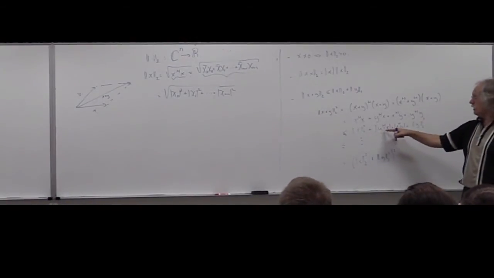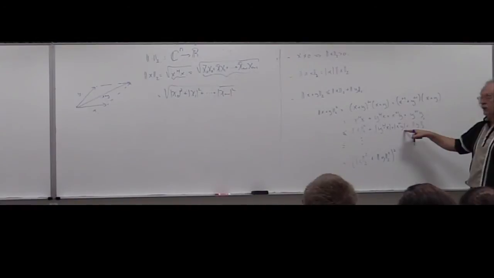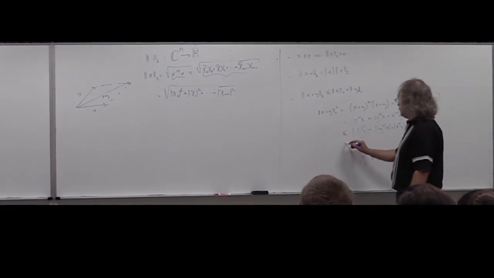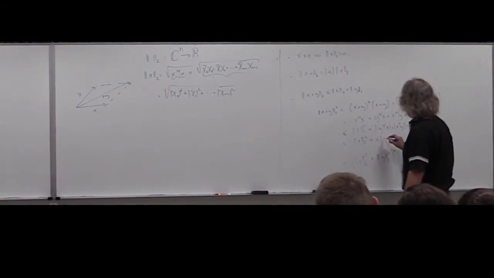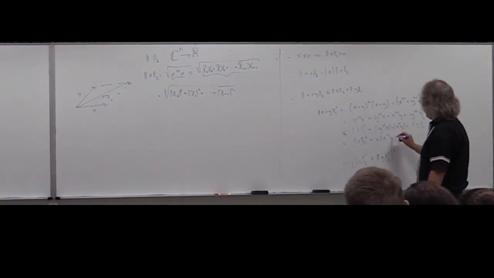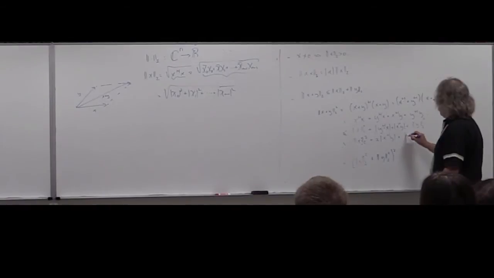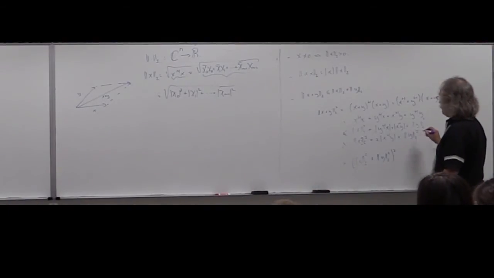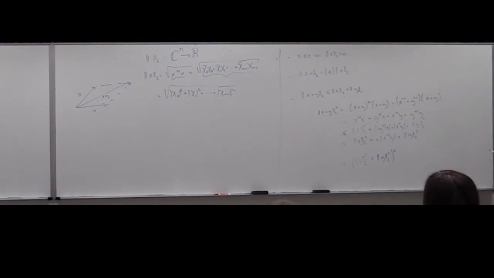And of course, the absolute value of this is equal to the absolute value of that. So that then would give us a norm of x plus 2 times x Hermitian y plus the 2 norm of y squared. Okay?